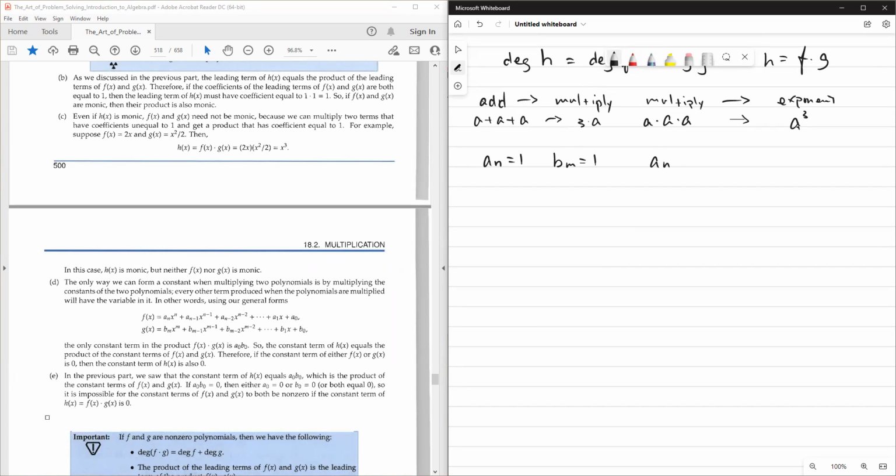Therefore a_n multiplied by b_m is also 1 multiplied by 1 equals 1. So what monic means is the leading coefficient equals 1. Therefore h of x, as the product of the two, will also have a leading coefficient of 1, so it's also monic.